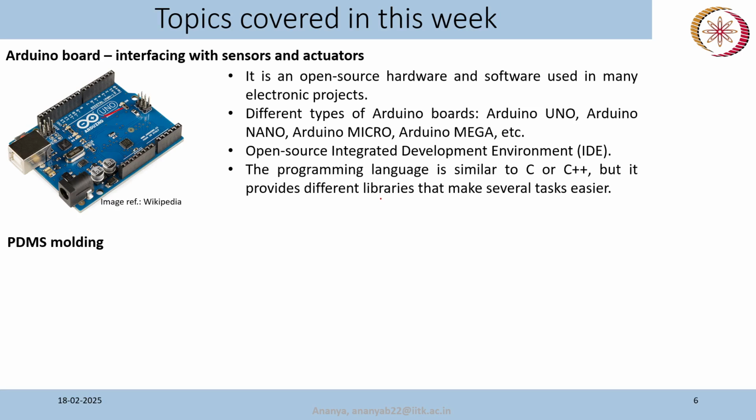That decision making unit will take some decision based on the sensor output, and the output of the decision making unit will be sent to the actuators as an input, and based on the decision, actuators will act on something, right? This is a basic block diagram of a sensor system.